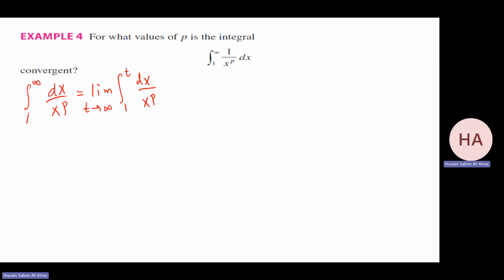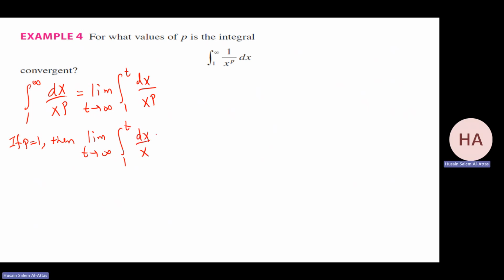How to do this integral? In the case p equals 1, then I have the limit as t goes to infinity of the integral from 1 to t of dx over x.